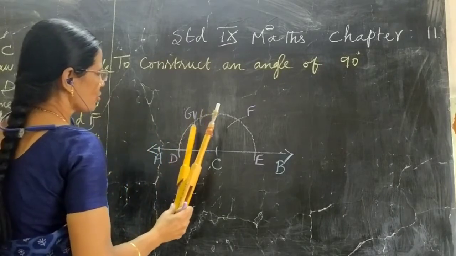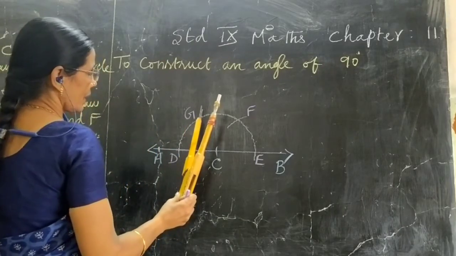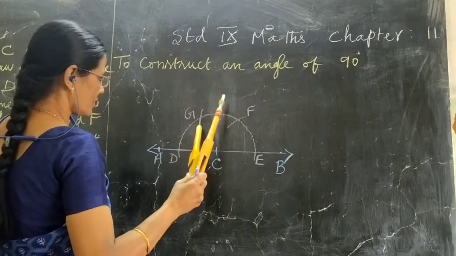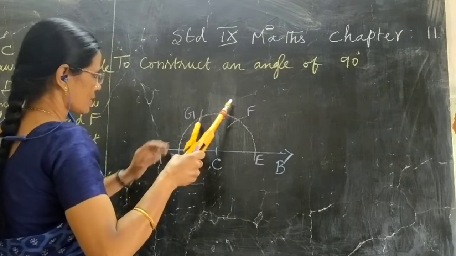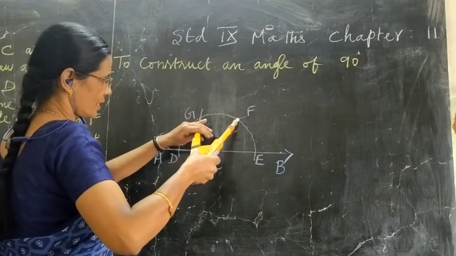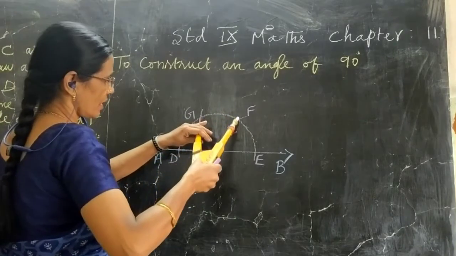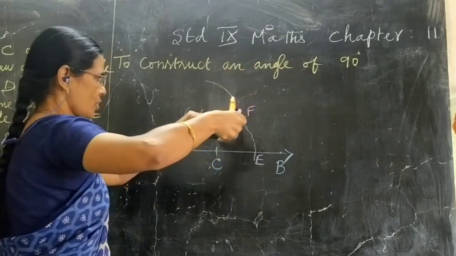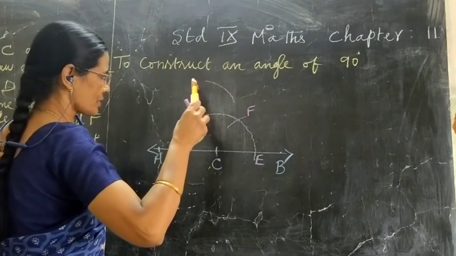Now we are going to draw 2 intersecting arcs from G and F. So G as center, any radius more than half of GF, I have taken the full radius, it can be any radius more than half of GF. Arcs are drawn above the semicircle.